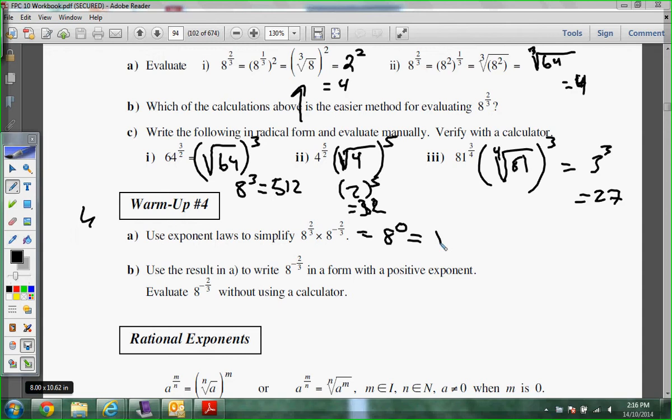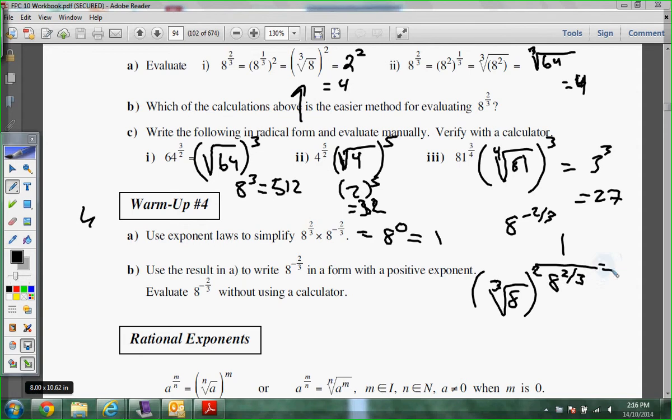If I had 8 to the negative 2/3, where would I push it? Down. Good. So it'd be 1 over 8 to the 2/3. Now we'll go ahead and do 8 to the 2/3, which would be cube root 8 squared. What's the cube root of 8? 2. What's 2 squared? 4.